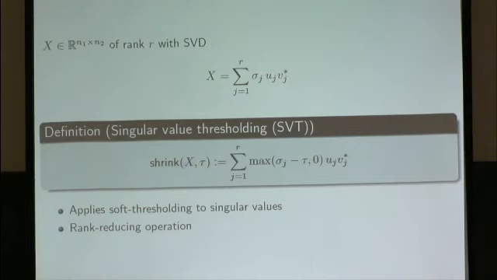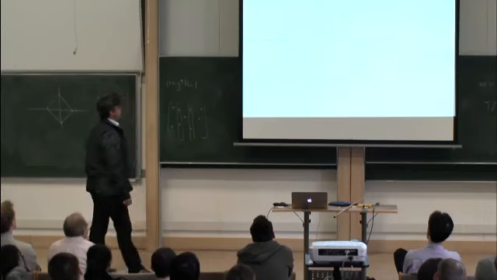So it's a maximum between sigma_j minus tau and 0. What it does, I think we've heard this in Carola's talk and in Vincent's talk, is apply soft thresholding to the singular values. Of course, this is a rank reducing operation, and the algorithm will essentially do this.